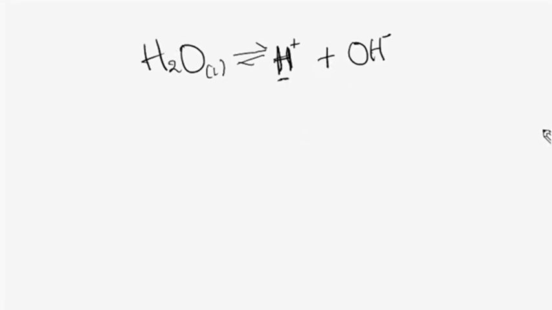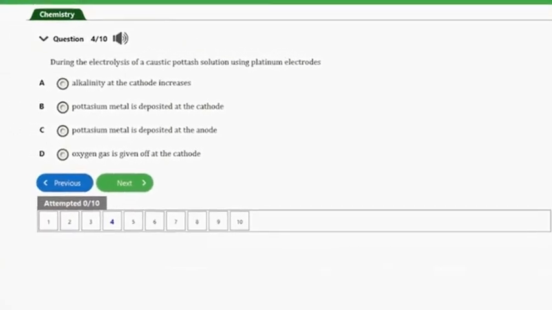The discharge of the hydrogen ion at the cathode actually disturbs the ionic equilibrium of the water, and as such, an excess of the hydroxyl ion will be produced. That will increase the alkalinity at the electrode. So that's it for that question. Let's go ahead and wipe this, and then let's consider the next question.